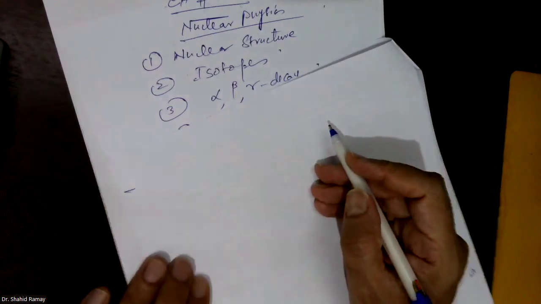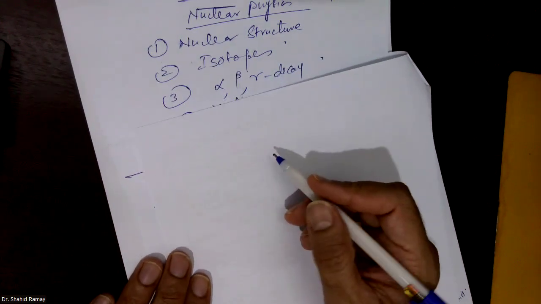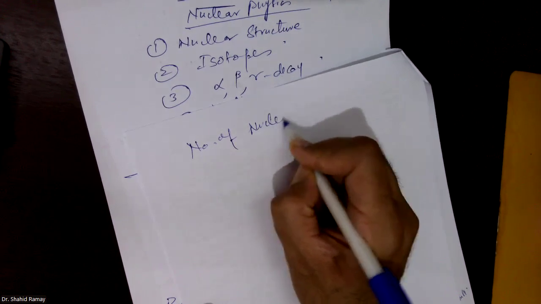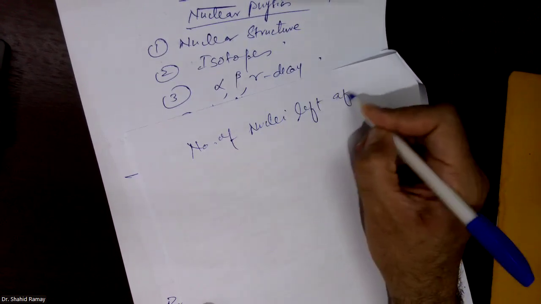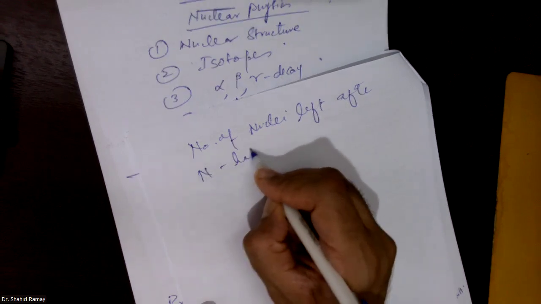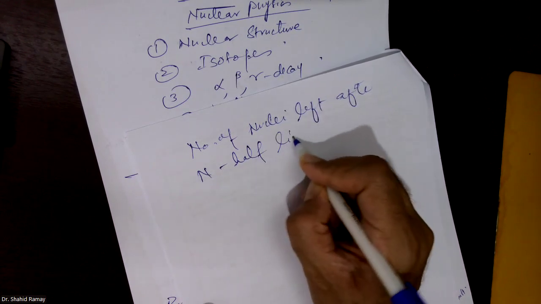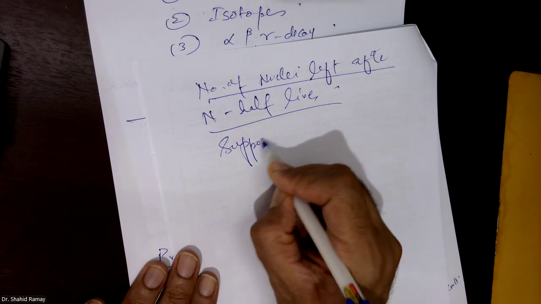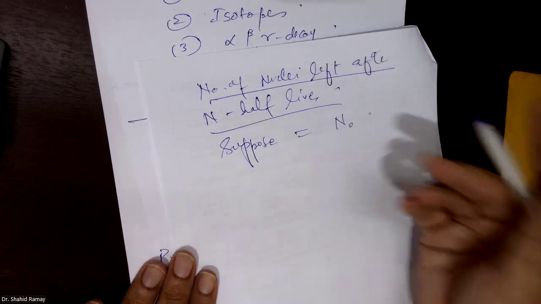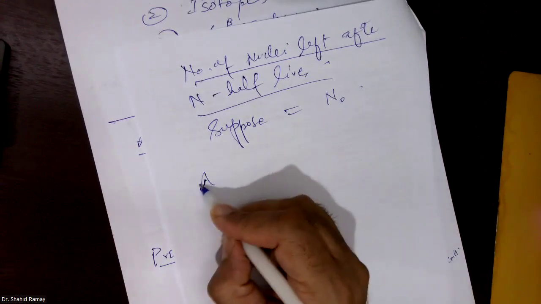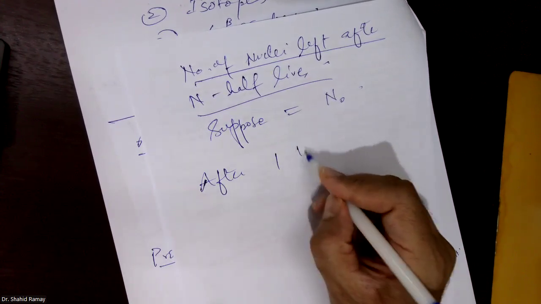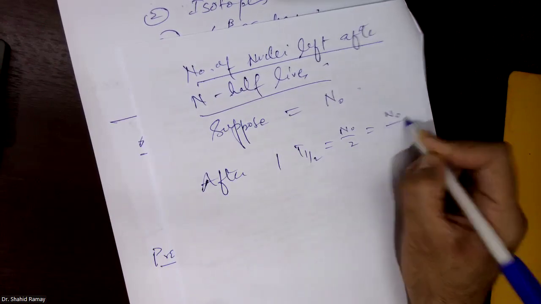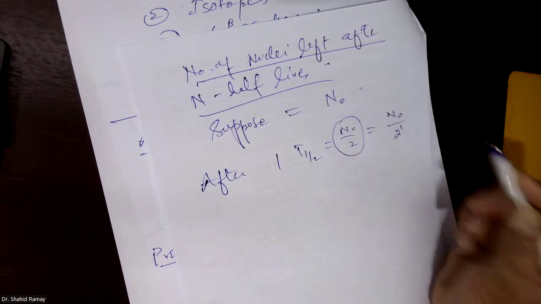The next thing is the number of nuclei left after n half-lives. How can we discuss this one? Suppose the initial value, which we always represent as N naught, means the total number. After one half-life, it will become N naught over 2, and we can write this as N naught over 2 raised to power 1.